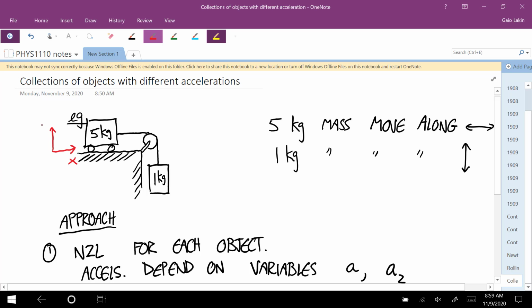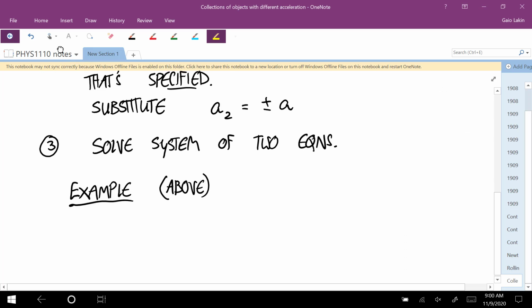In this case, they are going to be, because this is a rolling and sliding problem along a horizontal surface. But you could also imagine this 5-kilogram cart moving along an incline. And then we would want to use a rotated coordinate system for the rolling cart and the standard coordinate system for the hanging mass. And you can do that. I'll show an example like that after I'm done with this one.